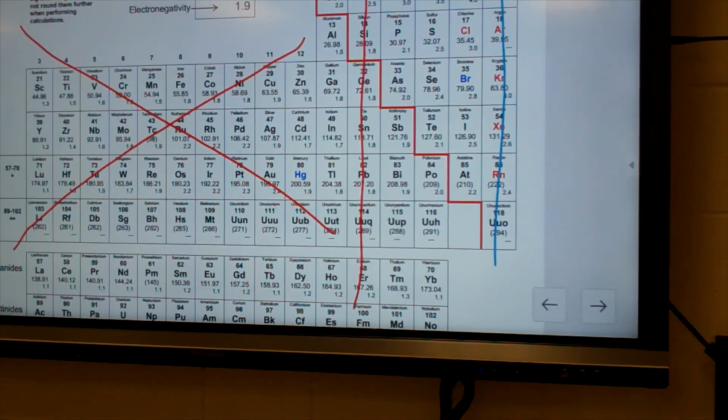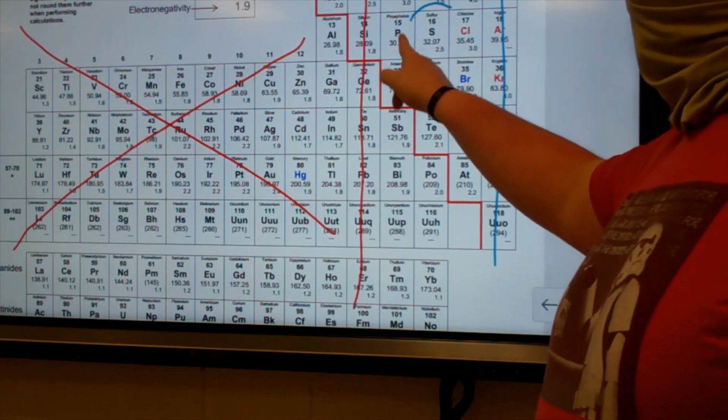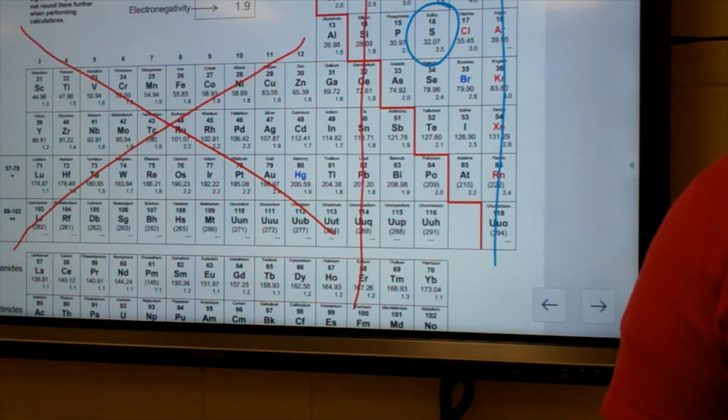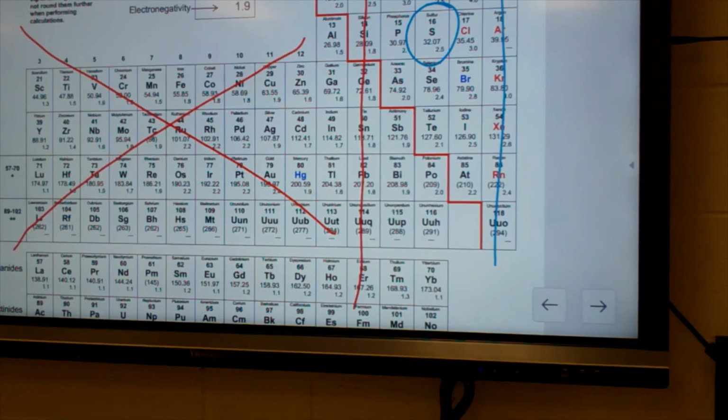So if I look at you and I went sulfur, what type of ion will sulfur form? 2 negative. It'll form an ion with a 2 negative charge. What type of ion? Cation or anion? Form an anion with a charge of 2 negative.